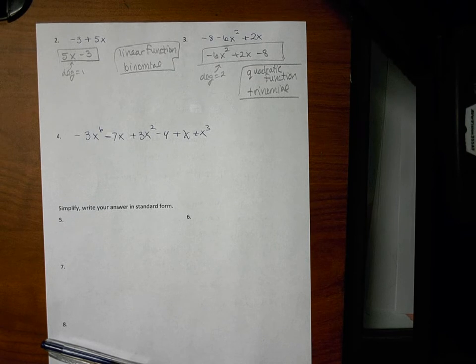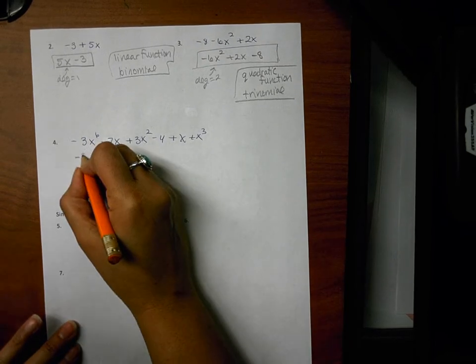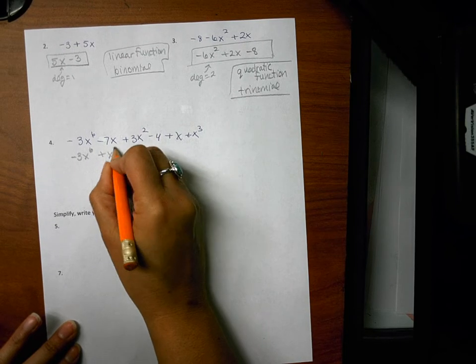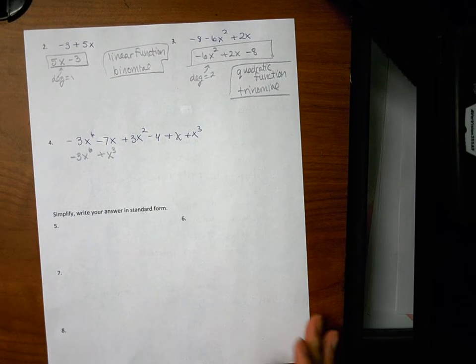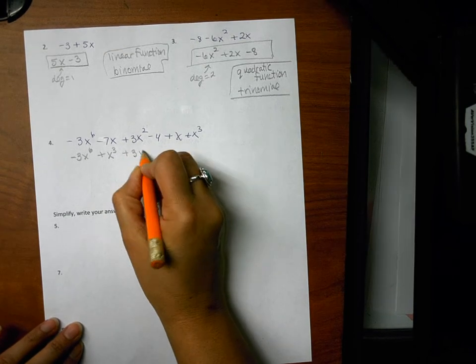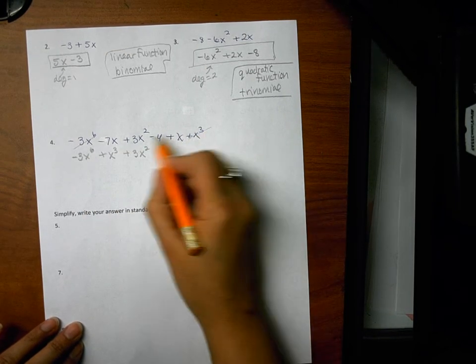All right, writing it in standard form. The negative 3x to the 6th would come first. And then plus x cubed. Now there's not an x to the 5th or an x to the 4th, and that's okay, as long as it's in descending order. Plus 3x squared, so I have that one, that one, that one.